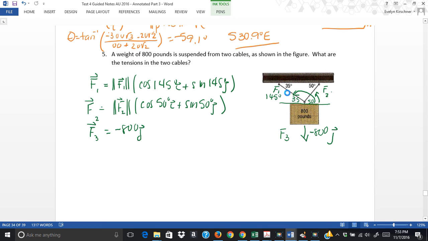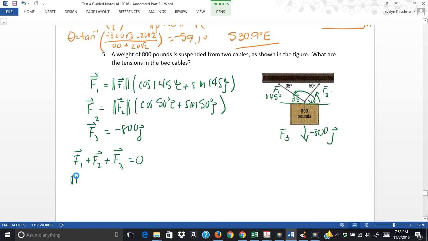Now I know that the force going up equals the force going down, so F1 plus F2, or actually, there's static equilibrium, so I can add F3, and altogether that's going to be 0 because it's suspended, it's not moving. So I can put all these together.